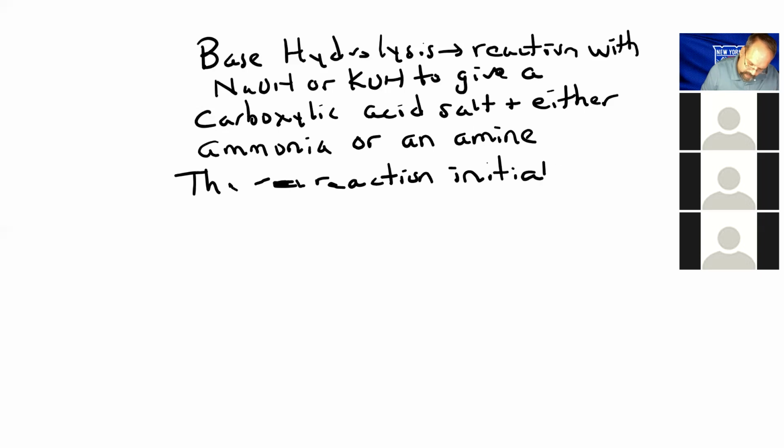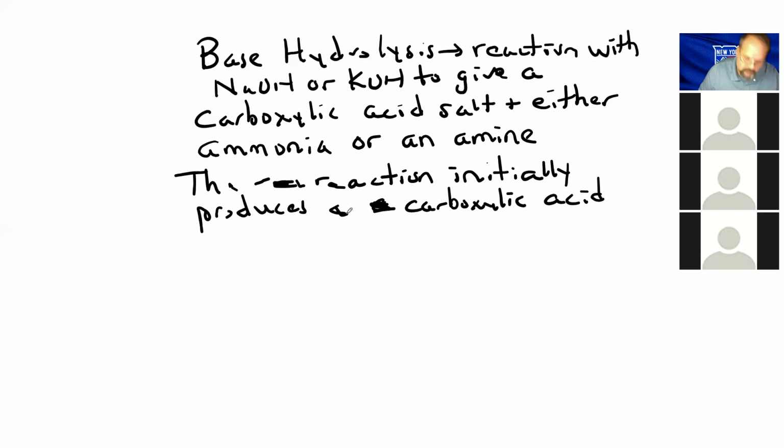The reaction initially produces a carboxylic acid. And like I did in the notes, and like I will do here as well, because I do recommend it, we will draw the carboxylic acid that initially forms. But again, why isn't the carboxylic acid one of the final products here? Because we're going to be under basic conditions.